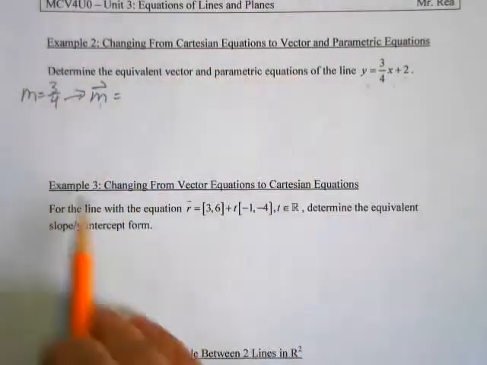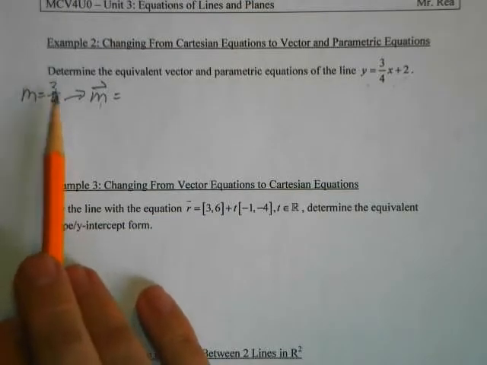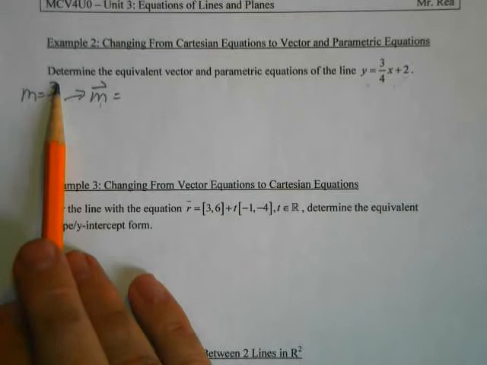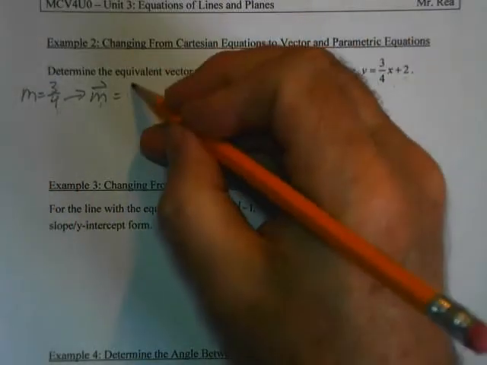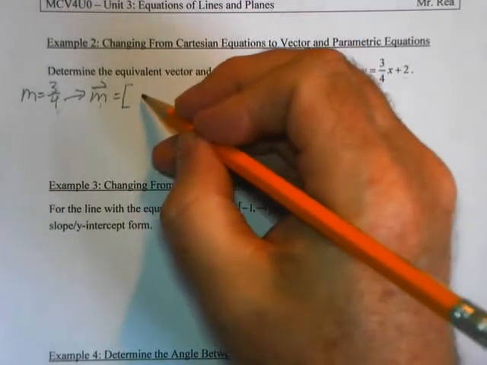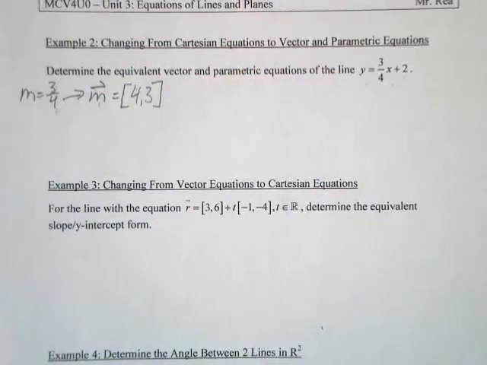If you forget the order here, think about rise over run. Rise is the y component and the run is the x component. So my direction vector will be 4, 3. It's very important that you get the right order or it will throw everything off.